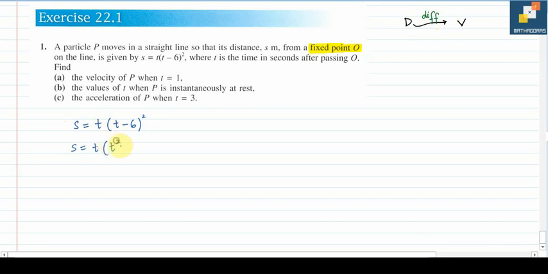It's t square minus 12t plus 36, and if you multiply with t, it's t cube minus 12t square plus 36t. That is your expression for distance. Now you need to differentiate to find the velocity.